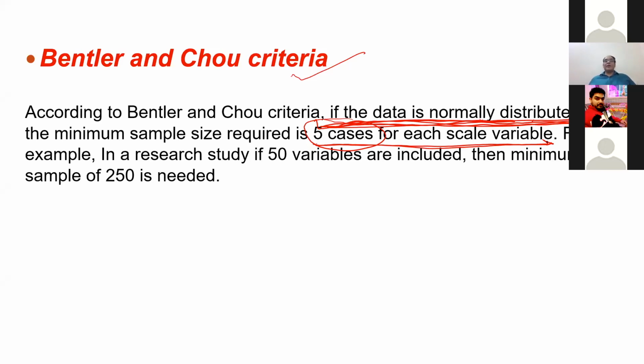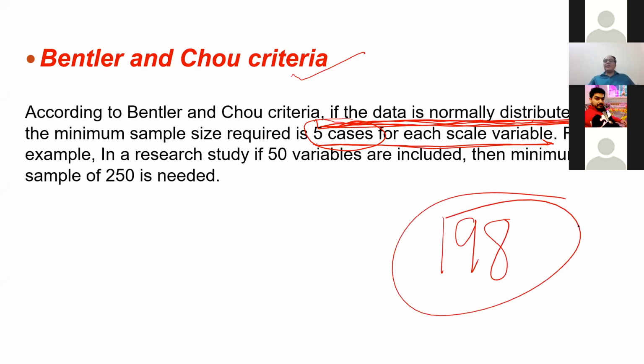We also reported this, because in a recent study on middle level managers of IT sector companies, we could hardly collect data from 198 people. The problem was, is 198 sufficient? It did not satisfy the other criteria, and we had the challenge to prove that this sample size is sufficient.